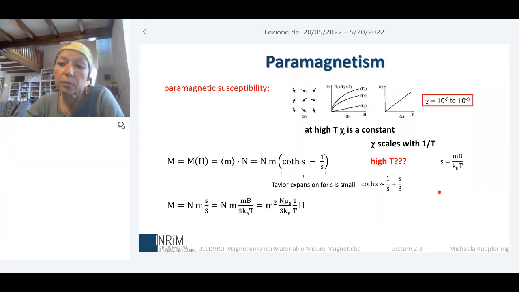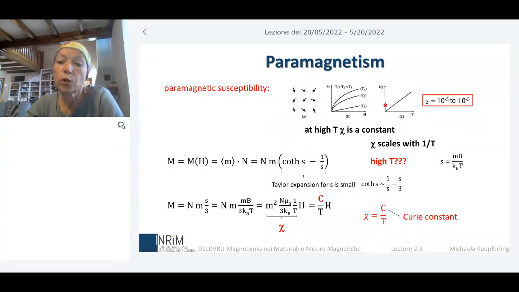And having in mind always s is m times B divided by kBT, then we can calculate this formula, and we find immediately that M is proportional to H divided by T. So the susceptibility, this is the susceptibility here, is proportional to 1 over T. And this, of course, is the Curie constant here, C, this proportionality constant.